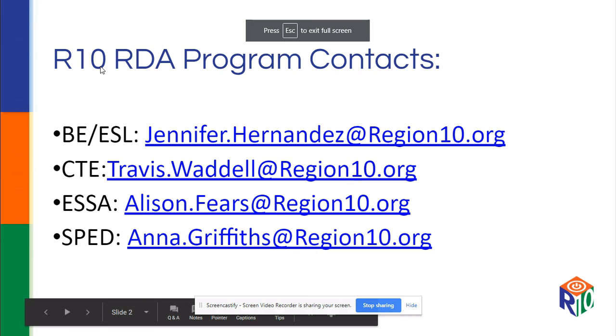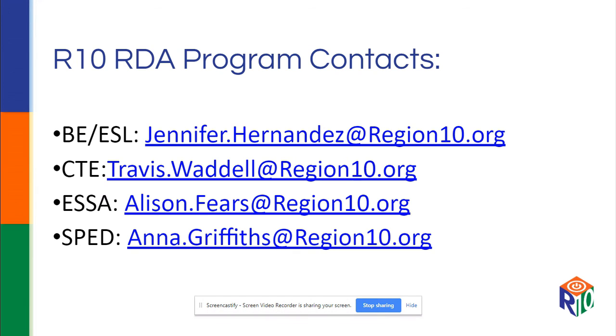Questions regarding bilingual ESL would be Jennifer Hernandez, CTE, Travis Waddell, ESSA, Allison Spears, and special education would be me, Anna Griffiths. If you believe that you have any errors in your report, you can always contact us first and ask us to look at your data before you involve the agency as well.